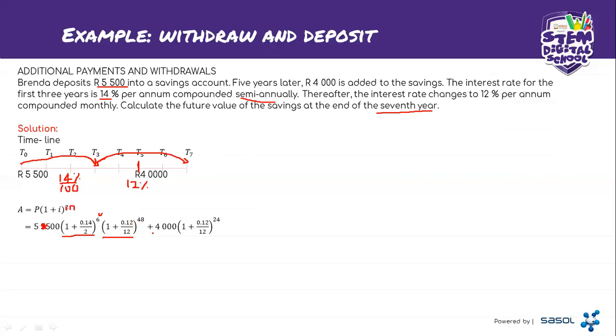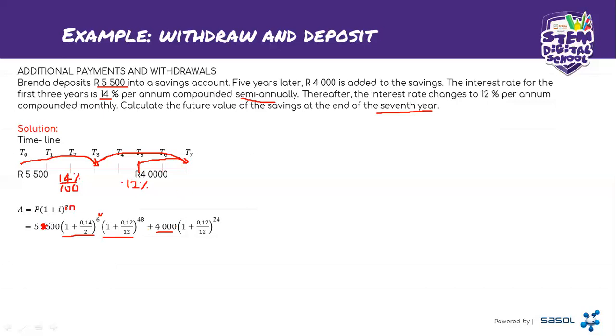All right, and then you say plus. Why plus? Because this 4,000 was deposited again. If it was a withdrawal, we would have used negative instead of positive, but because it was added, we just say plus. From the 4,000 up to the last year is 2 years, 1, 2.